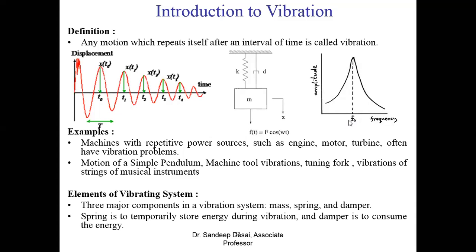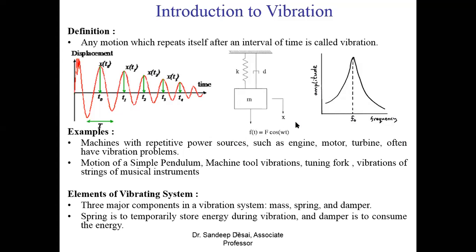At this point, the natural frequency of the system and the excitation frequency of the system are equal. So what is meant by natural frequency? Natural frequency is of the body. For example, a chassis. The chassis has a certain natural frequency due to its natural properties, material properties, geometry, etc. And something will be vibrating or making the chassis vibrate.